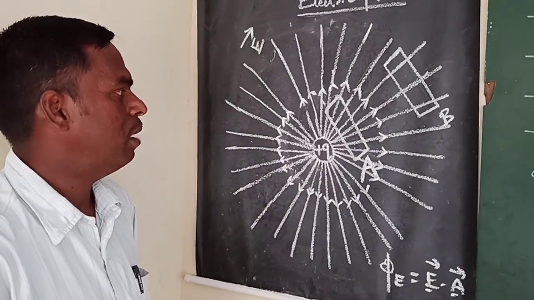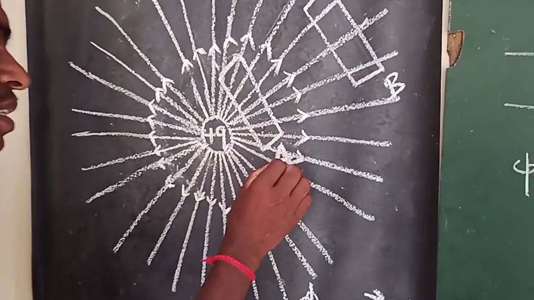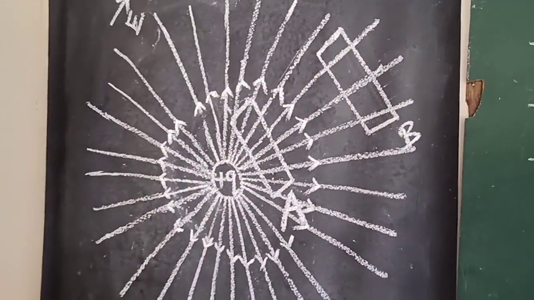In the same way, for a point charge, the electric flux also decreases when distance increases.